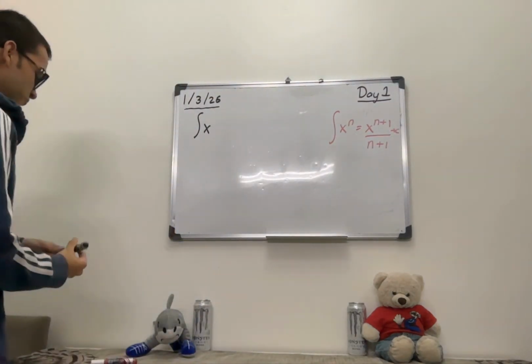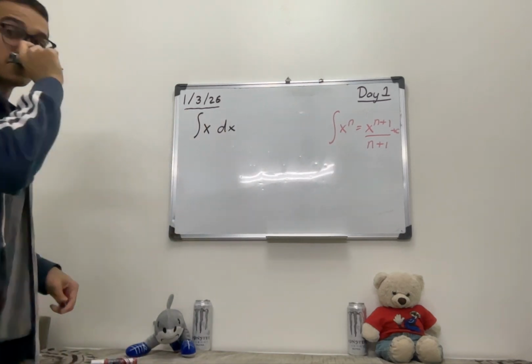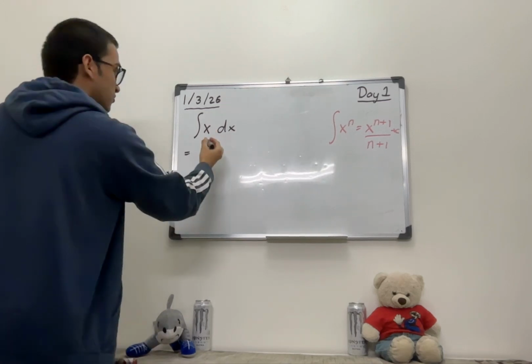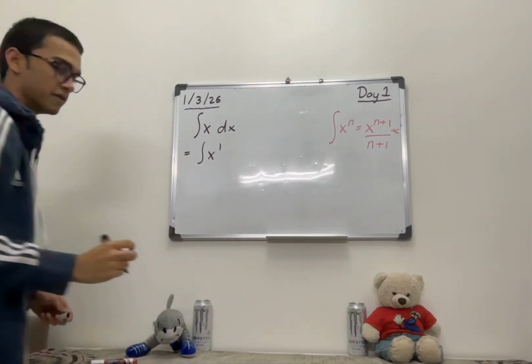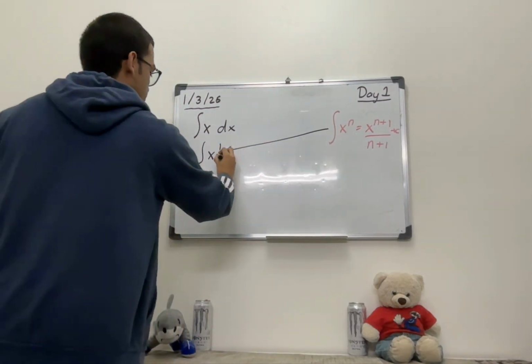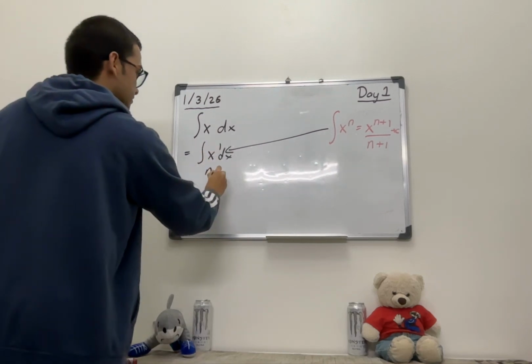So now to integrate x dx, first you're gonna have to think how you can use that over here. Okay, so everyone knows x is just x to the power 1. So you can utilize this formula over here. So you get the integral of x to the power 1 dx, and n here is equal to 1.